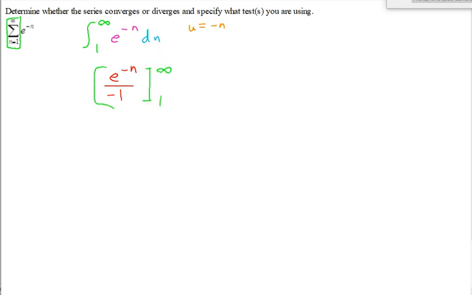To make it simpler, you can pull out the -1, the coefficient, out in front. And then you can rewrite this as 1 over e to the n, if you want to make it a little simpler without the negative exponent.